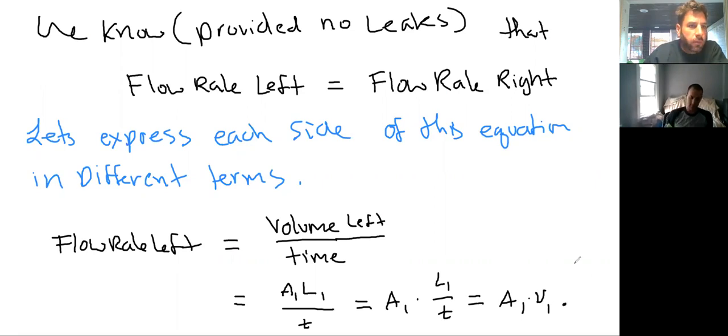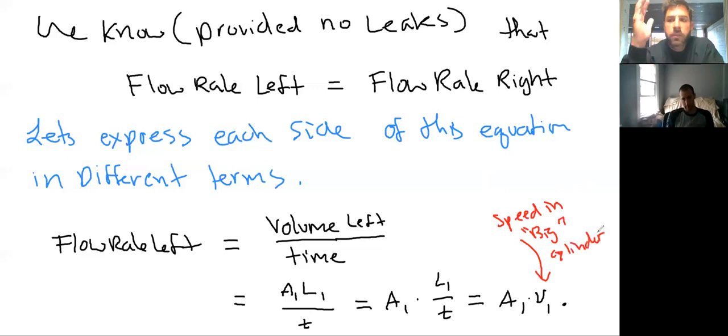Let's define what V1 is. This is the speed in the big cylinder. Right, because that's telling us how far we travel, L1, over a period of time. By definition, that is speed, distance traveled divided by time.